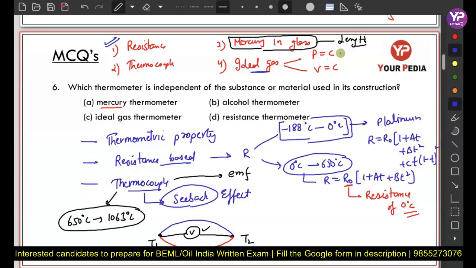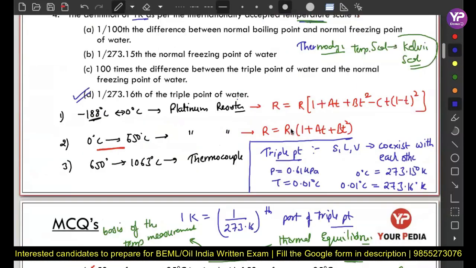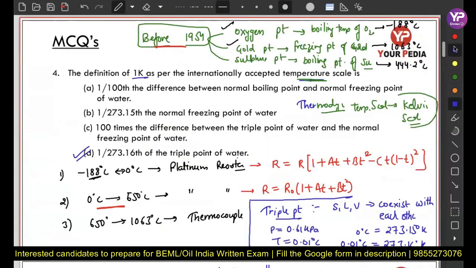In the case of constant pressure, volume is the thermometric property. In the case of constant volume, pressure is the thermometric property here. Just see, I have told you that before 1954, we defined the temperature scale with the help of the oxygen and gold points.